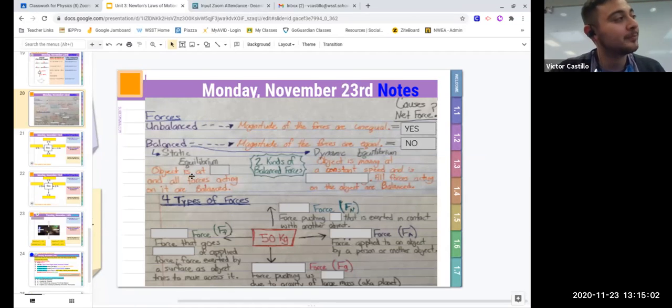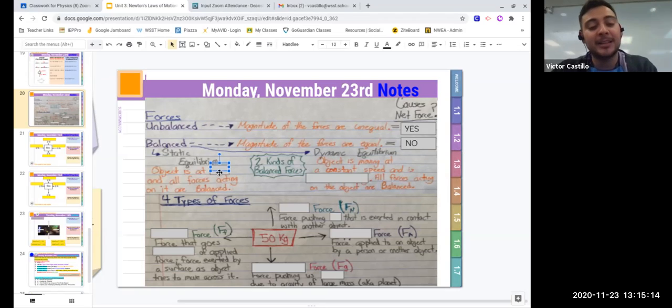Okay. Now, balanced forces come in two kinds. There is static equilibrium and there's dynamic equilibrium. Static equilibrium means the object is at rest. If the object is at rest, that means it's not moving. That means all forces acting on it are equal.